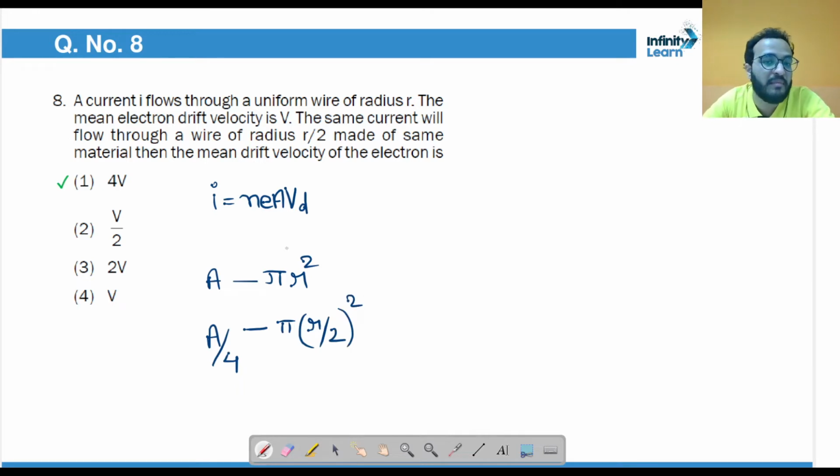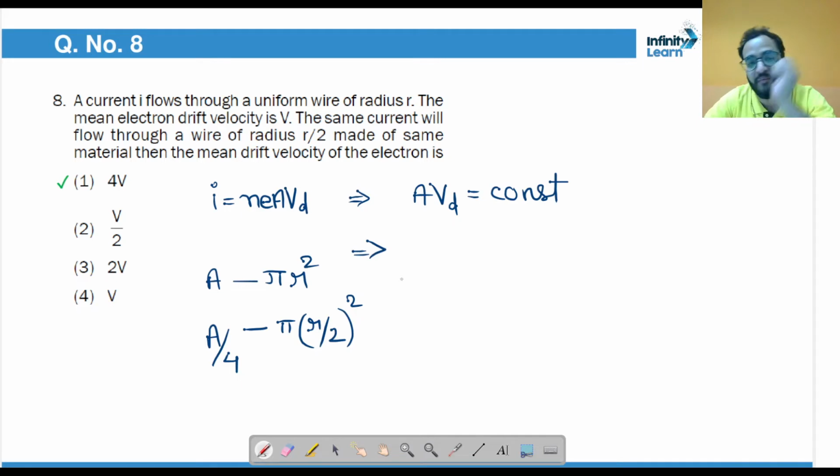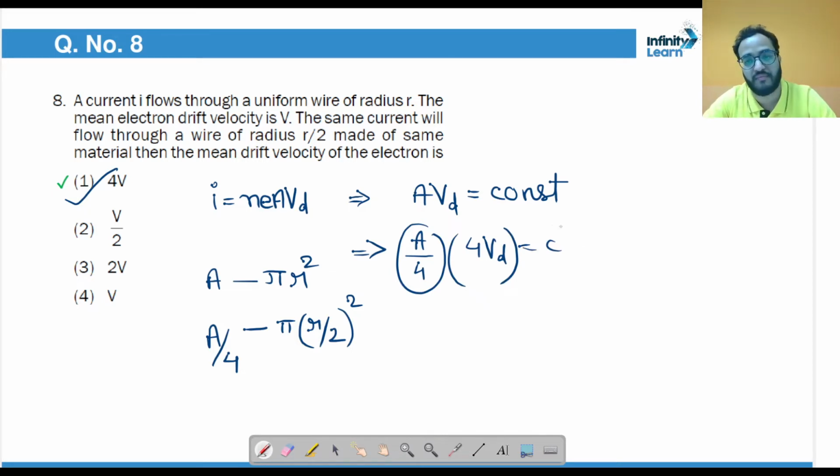If area is becoming 1/4, we know that A into vd is constant in non-uniform cross section. So if area becomes 1/4, velocity becomes 4 times. Got it? Automatically this becomes 4vd. Clear?